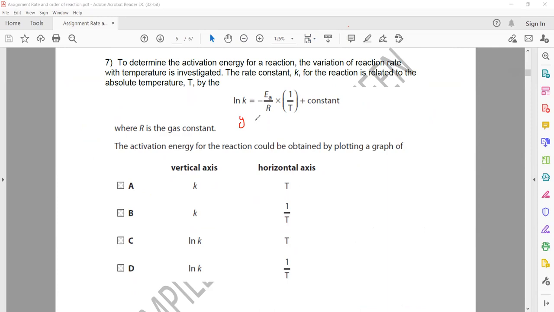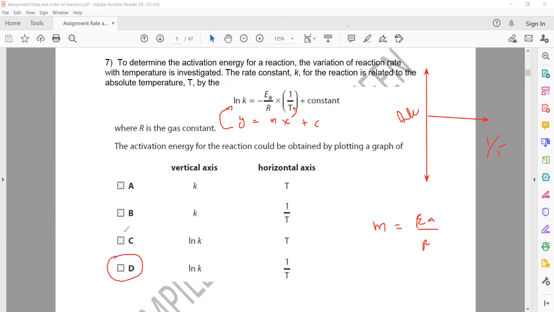If you plot a graph, y equals mx plus c, on the y-axis we have ln k, and on the x-axis we have 1 over T. The gradient of the graph will be equal to minus Ea over R. So D would be the right answer, because on the vertical axis it is ln k, and on the horizontal axis it is 1 over T.